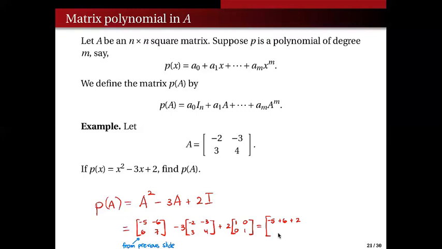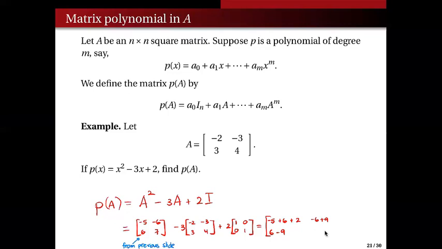For the entry here, 6, then minus 3 times 3, so that's minus 9, plus 2 times 0, that's just 0. For the entry here, we have negative 6 plus negative 3 times negative 3, so that's plus 9, plus 2 times 0, that's again 0.